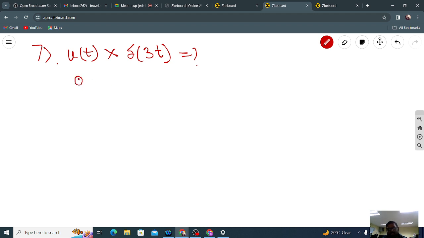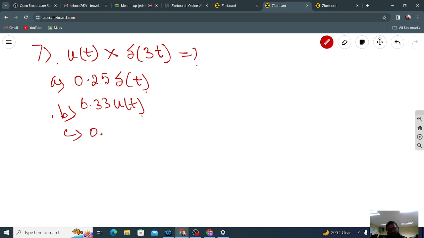Option A is 0.25 delta t, option B is 0.33 u(t), option C is 0.33 delta t, and option D is 0.25 u(t).